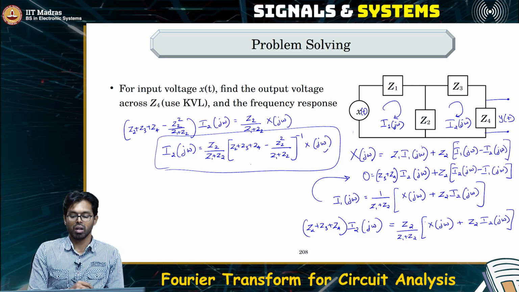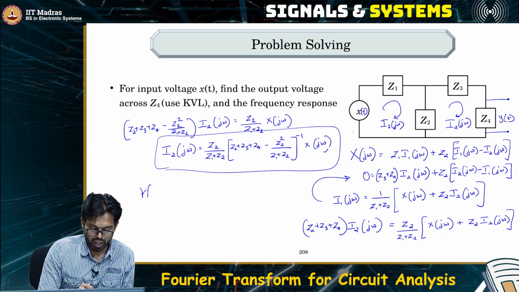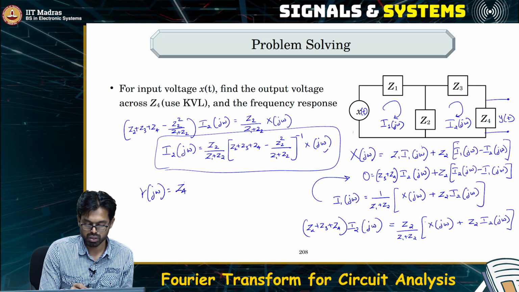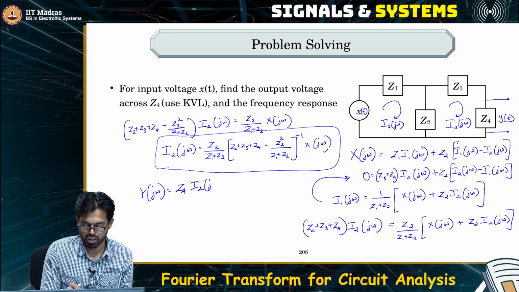Now what is the output? The output Y of j omega is simply Z4 times I2 of j omega.